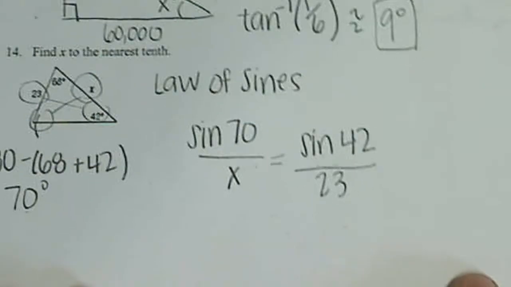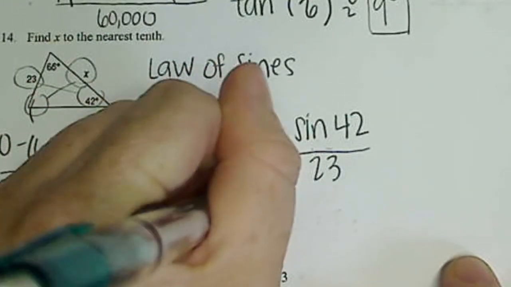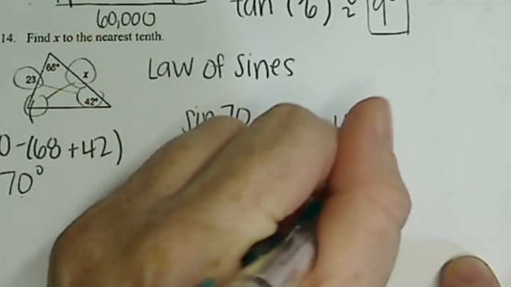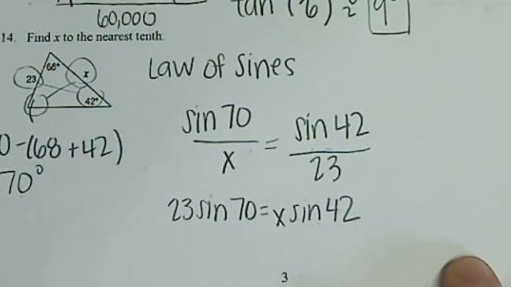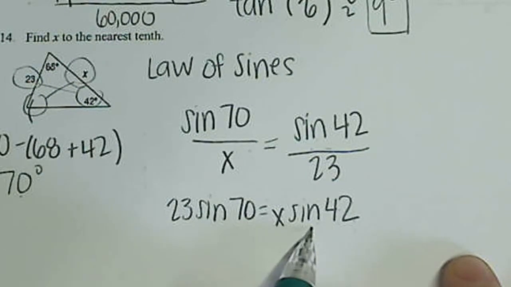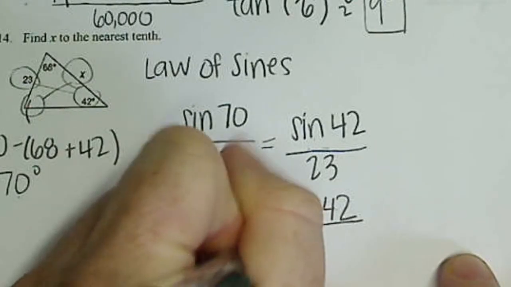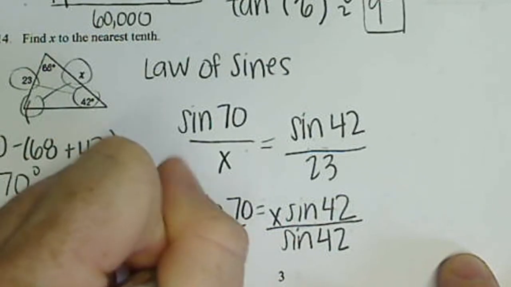Let's cross multiply. To make an equation, and to get x by itself, we have to detach the sine of 42. It's multiplying, so let's divide by sine 42.